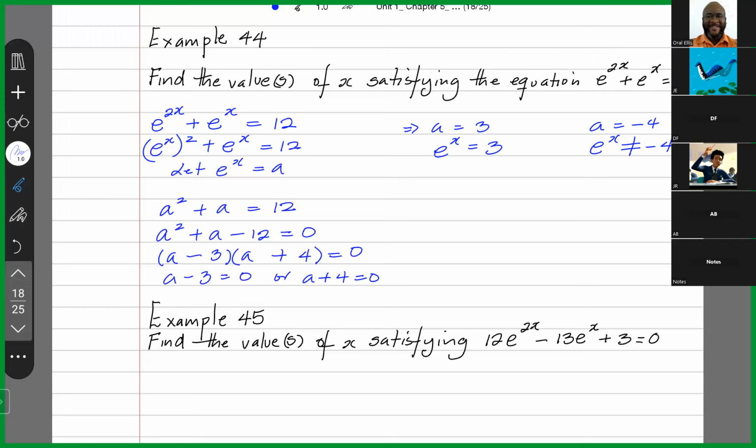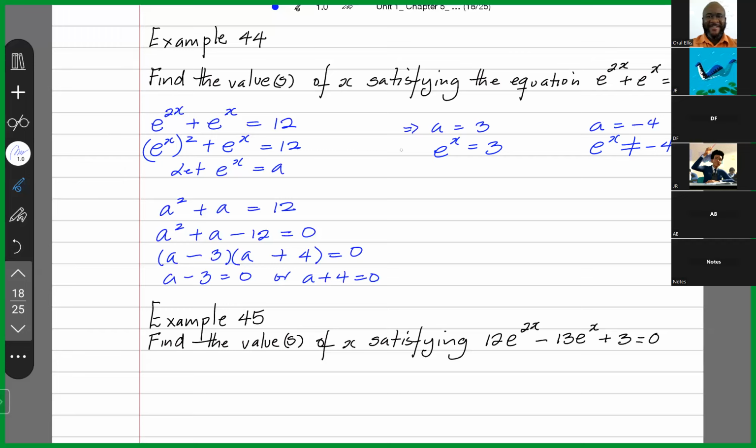You cannot raise a positive number to any power, whether the power is positive or negative. And e is a positive number. So e to the x cannot be equal to minus 4, and so e to the x is only equal to 3.